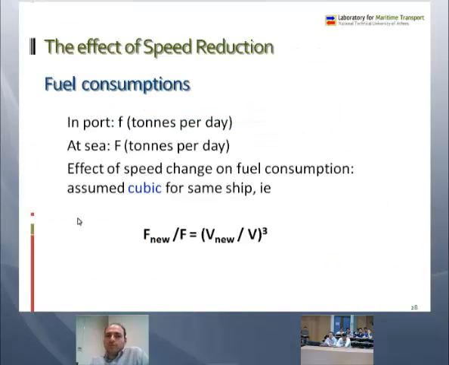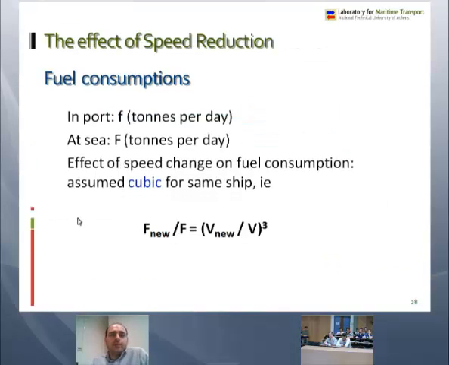Regarding fuel consumption, in port, let's suppose that the vessel has a constant fuel consumption of this small f in tons per day. At sea, we know the fuel consumption that the vessel has, and we can calculate the effect of speed change on fuel consumption, assuming a cubic relationship between the fuel consumption and the vessel speed as follows.